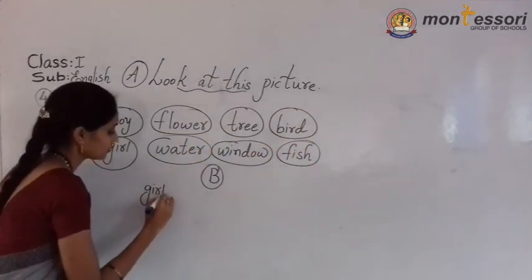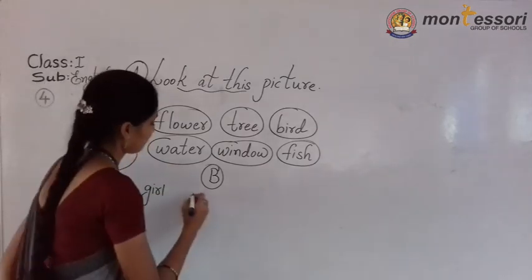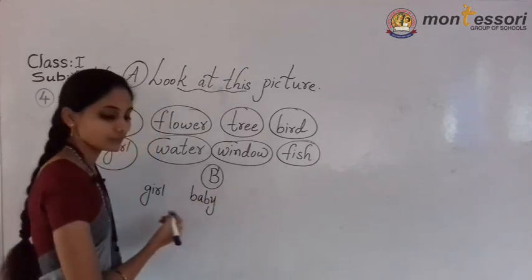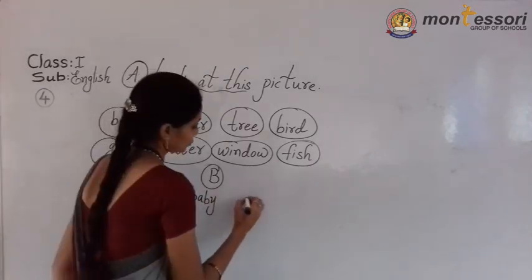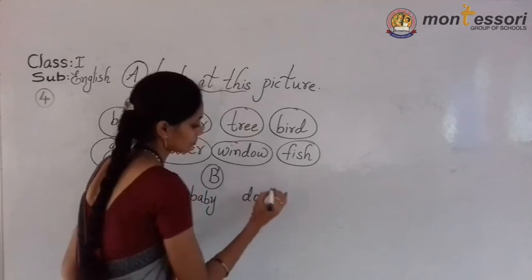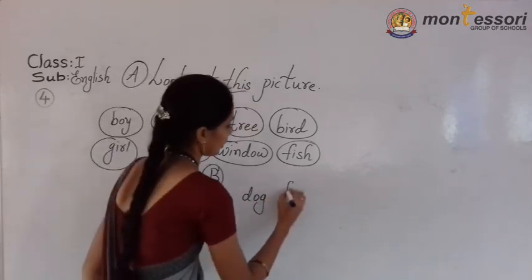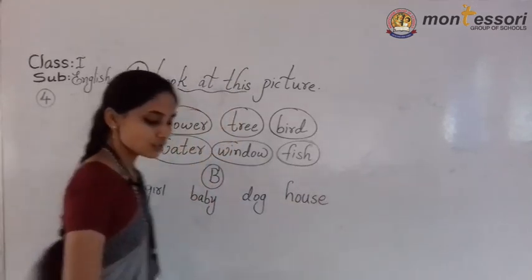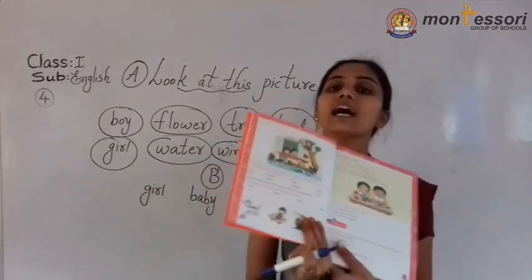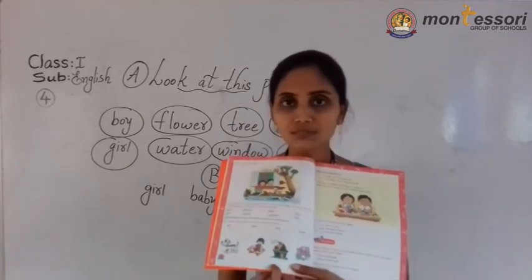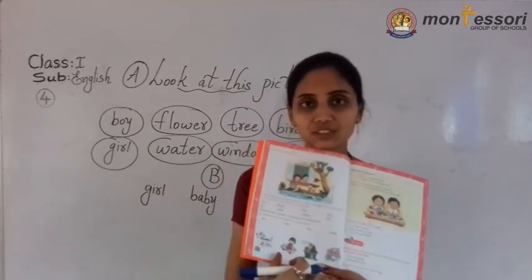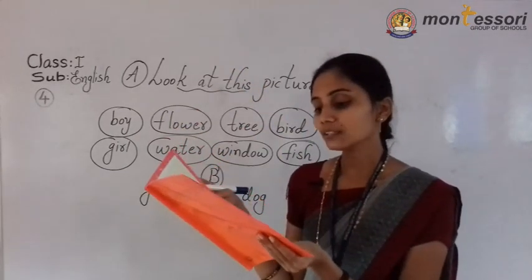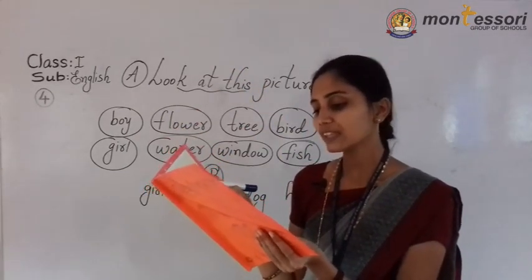Girl, baby, dog, house. So, I will show the pictures in the textbook. You have to match it. Understood? Match the pictures with the naming words.